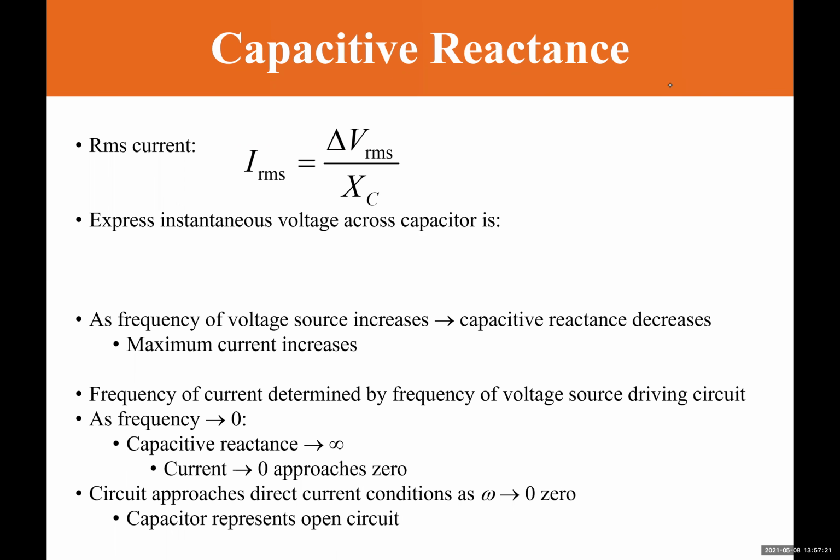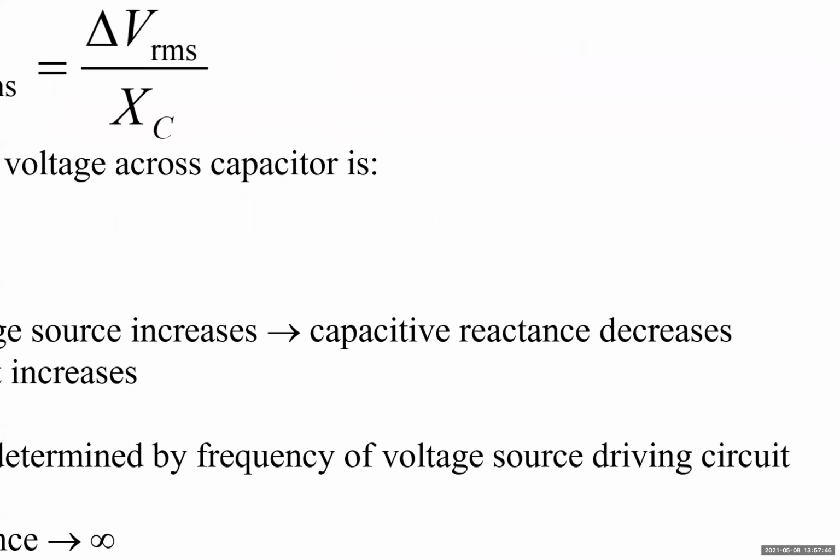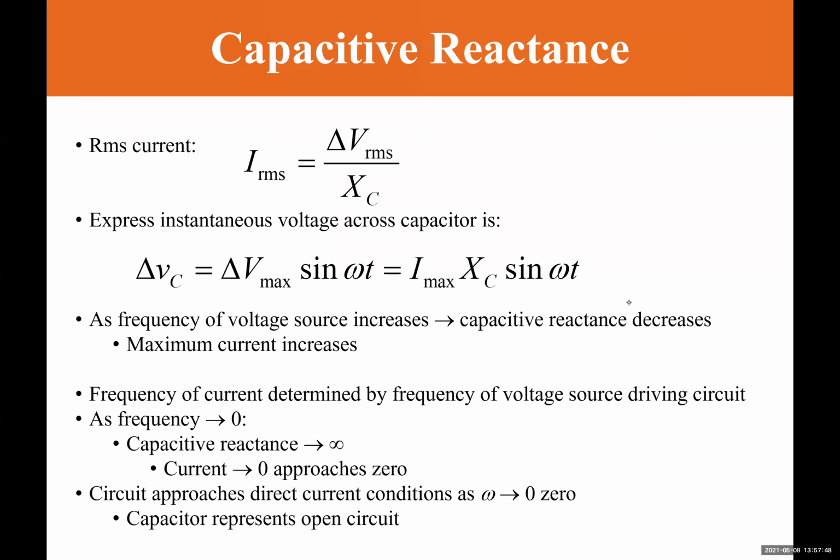And the reason we're using RMS, again, remember, is that we can measure RMS. You take a function generator, connect the capacitor across the function generator, use a voltmeter and ammeter to measure RMS values, and then you can calculate how much resistance the capacitor gives you. Because these RMS values are easily measured by our multimeters.